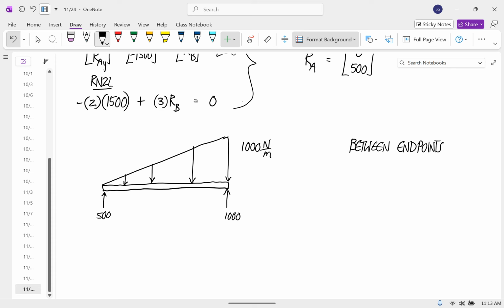So between the endpoints, there are no point forces, point couples, or distributed loads. So we only have one cut.